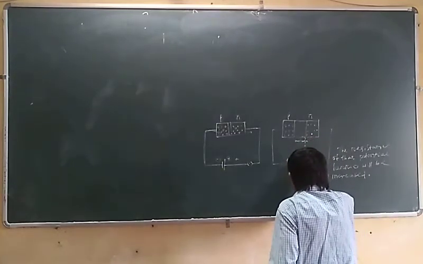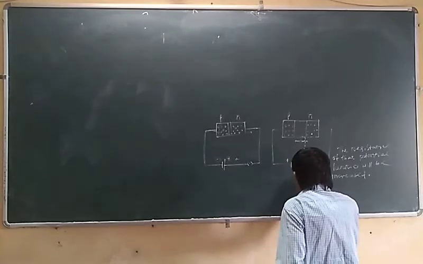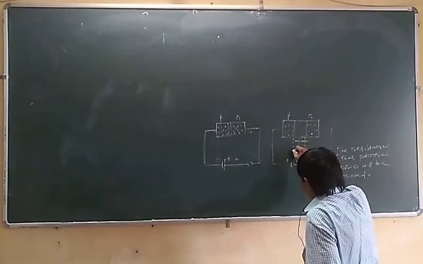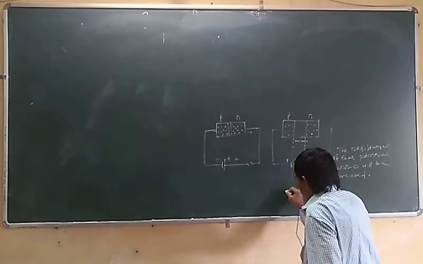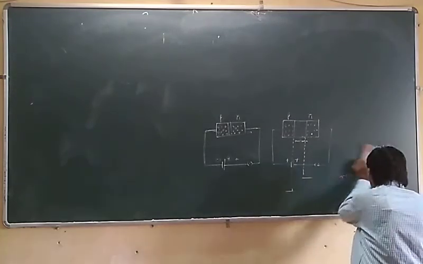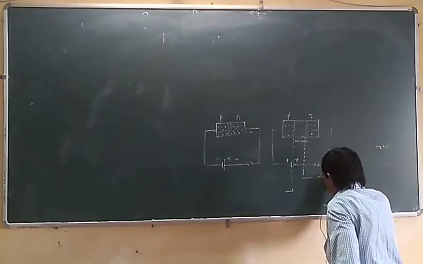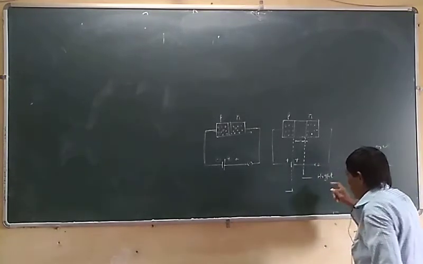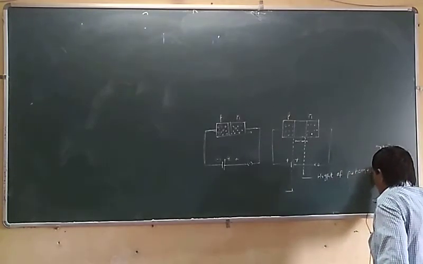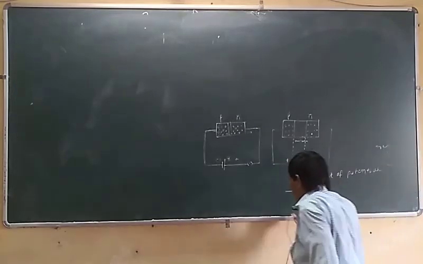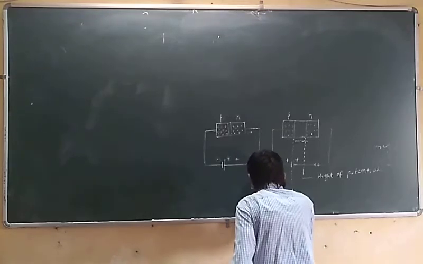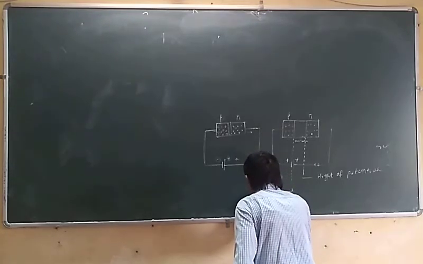In another way, when the depletion layer is widened, we consider the potential barrier. This is the positive, higher potential, and this is the negative, the lower potential. This is the higher potential, the height of a potential, and this is the lower potential.